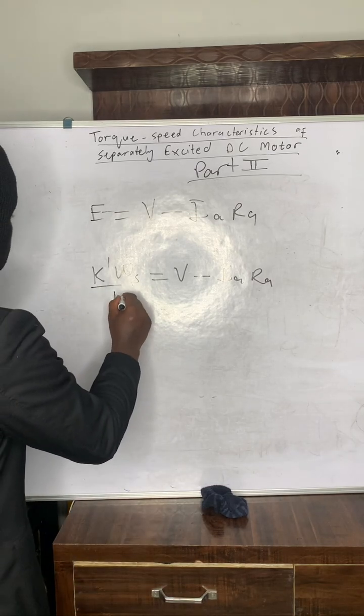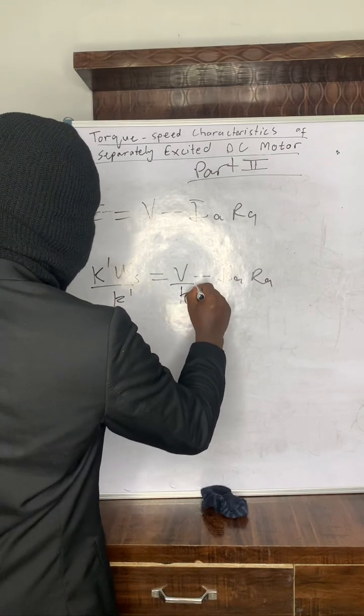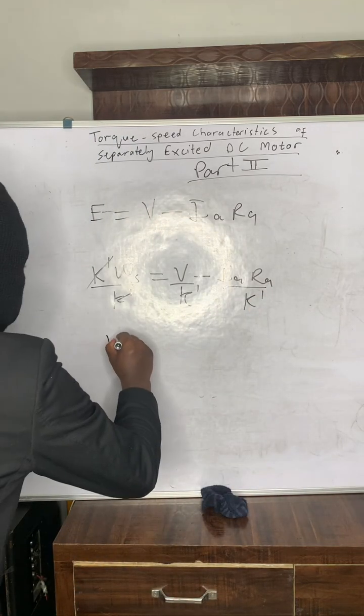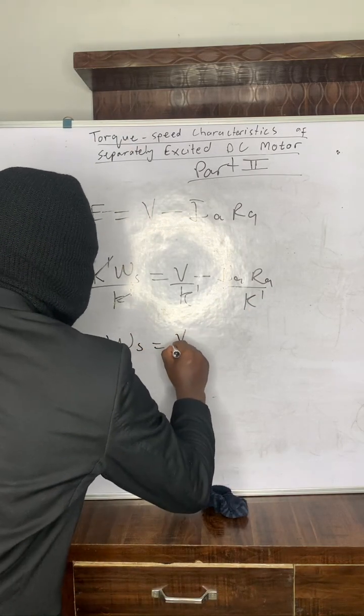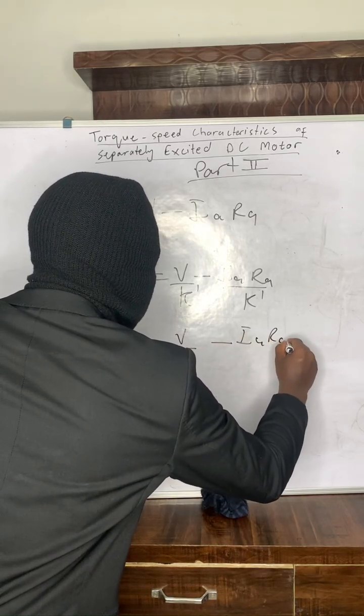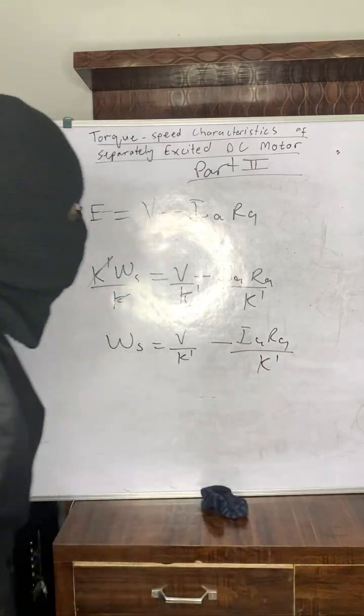Divide by K dash. This cancels. We are going to be left with omega S is equal to V over K dash minus IA RA over K dash.